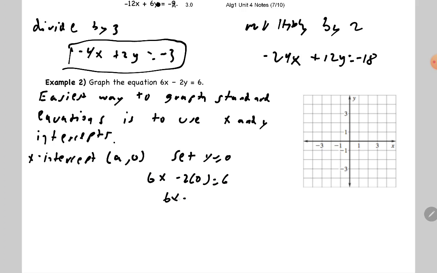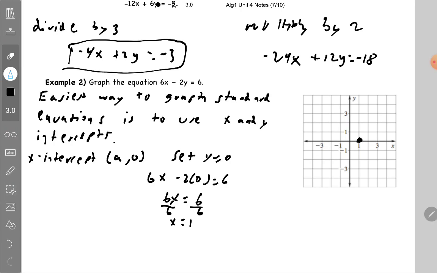So 6x equals 6. What times 6 equals 6? And that is 1. So I'm dividing both sides by 6 to get x equals 1. Okay, so my x-intercept is at 1, comma 0.